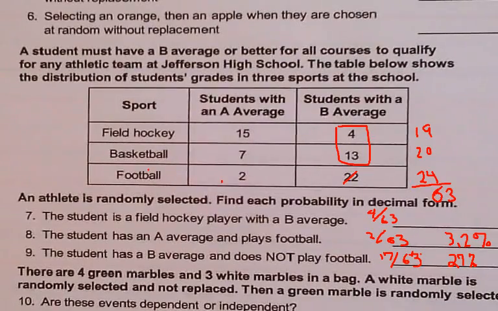And then 4 divided by 63 would be 6.3% of the time. So remember, the smaller, it would be a very rare event to pick an A football student. But it would not be a rare event to pick a B average student that doesn't play football.